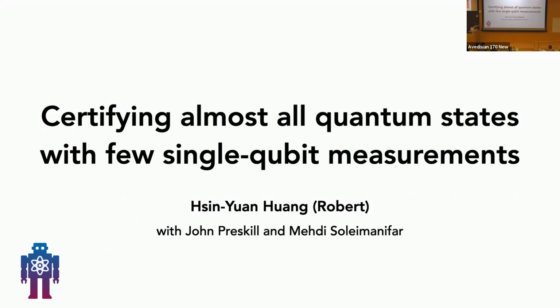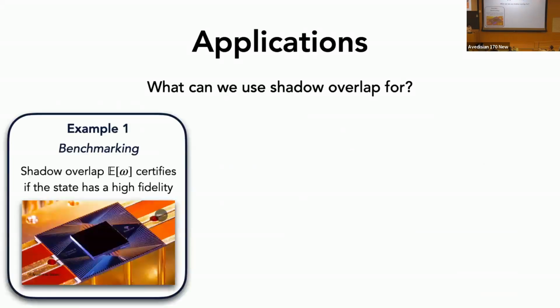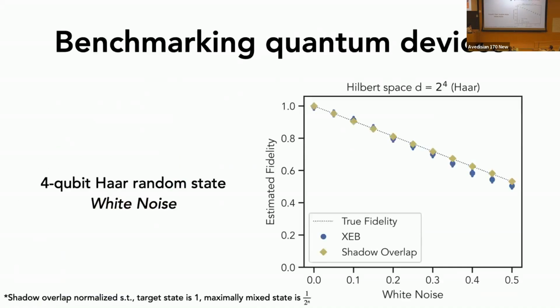But if the fidelity is close to 0, then the shadow overlap would also be far from 1. So it gives a surrogate for it. Some of its applications include benchmarking: using the shadow overlap, we can certify if the state has high fidelity. In the paper, there's more discussion of it, but here are just some numerical experiments comparing this shadow overlap to XEB.